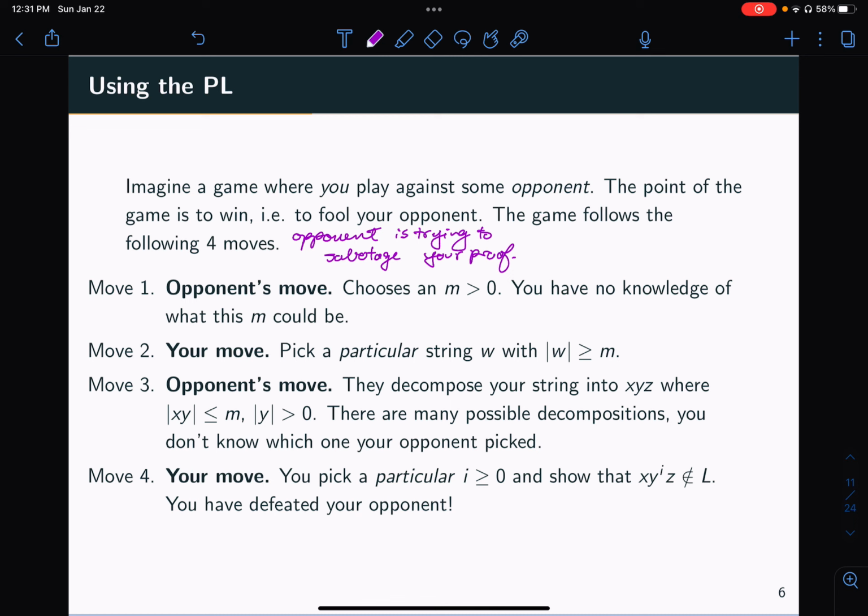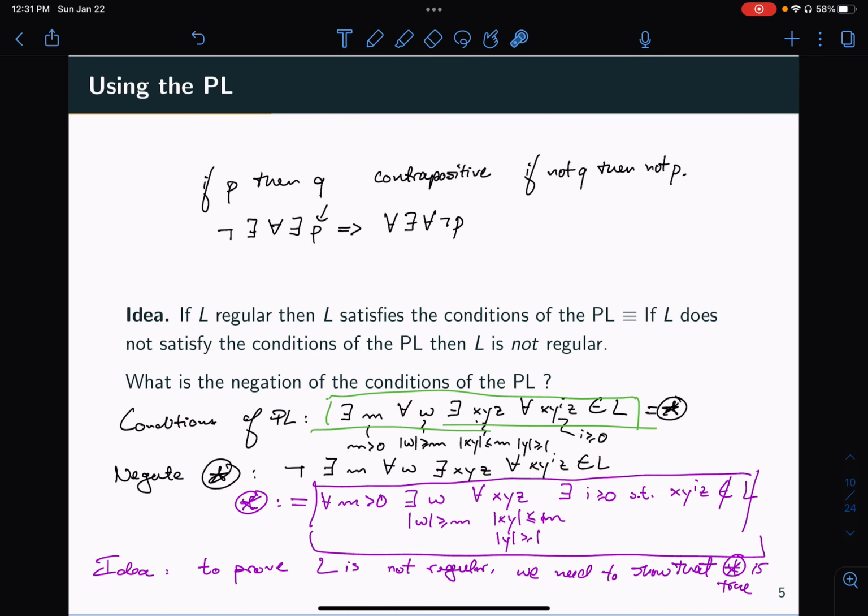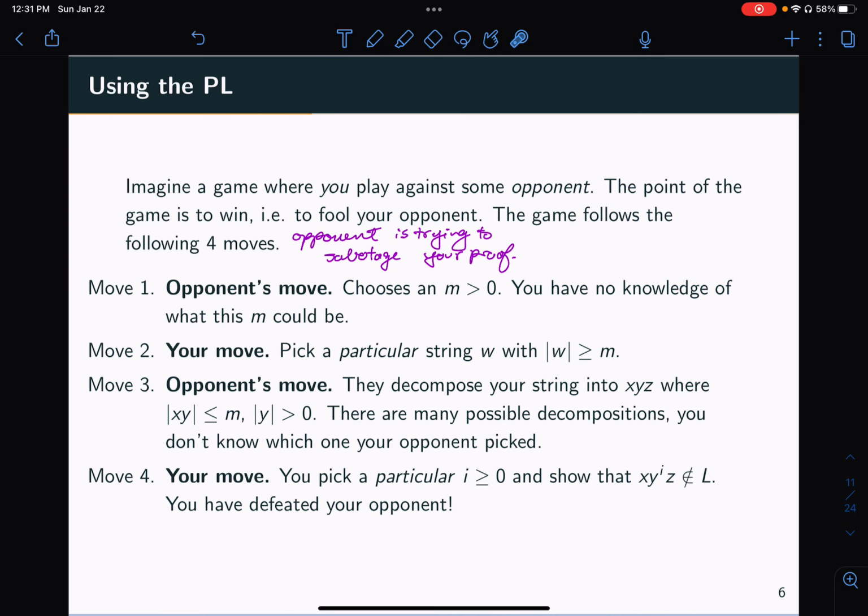Move one is the opponent's move. That's because it's the for all that starts, so you have to assume that you have some opponent that picks some, in this case, arbitrary positive integer. So the opponent chooses m greater than 0, m is some integer.